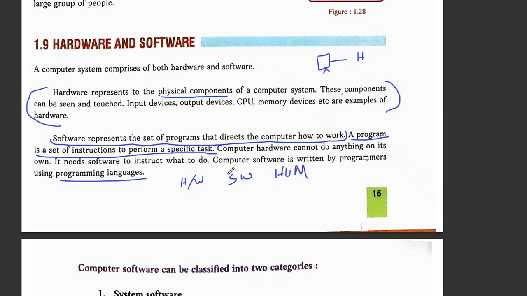Just as I am talking to you in a particular language, or in two languages, that is English and Assamese, in order to make you understand, in order to make you do what I need you to do.